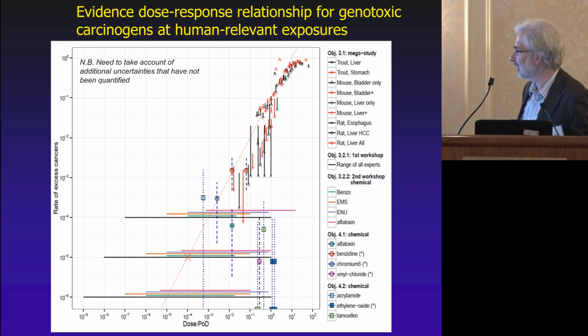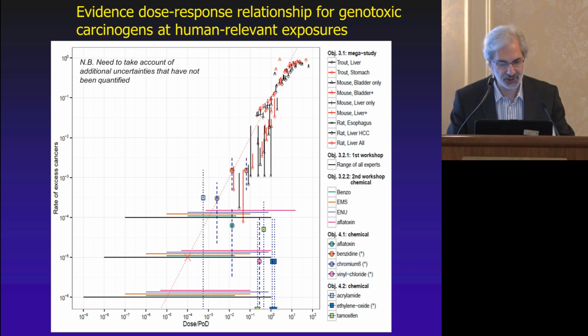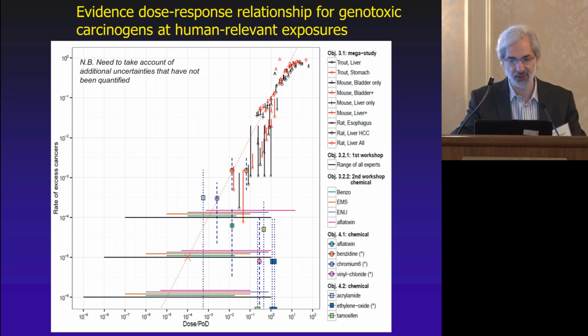But there's no uniform conclusion. In other words, there are some human carcinogens where the confidence interval cuts the line or is close to the line. There are others where it's below the line. And so the overall conclusion was that we still don't have a clear scientific justification for the interpretation of the margin of exposure, but it's likely that 10,000 is consistent with an upper bound risk of 1 in 10 to the 5.